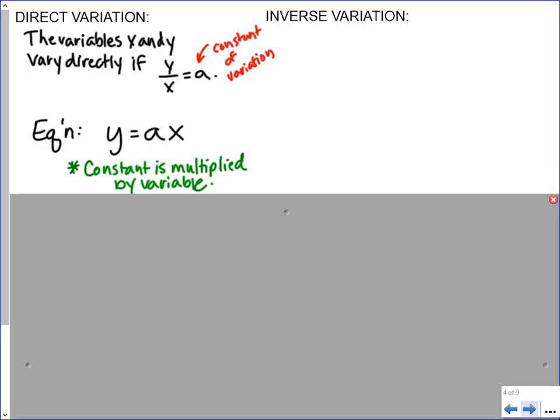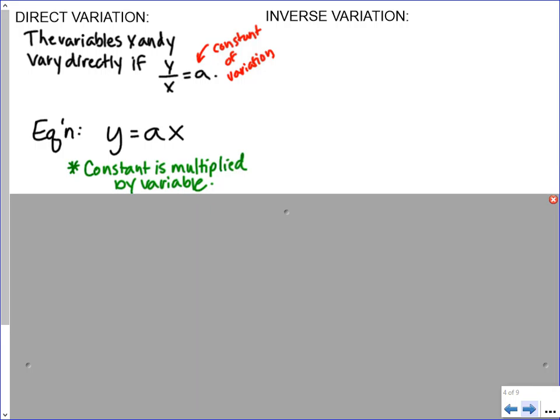So it could be y equals 10x, y equals 2x, y equals 1/3 x, y equals square root 2 times x. As long as there's a number getting multiplied by a variable, that represents direct variation. And it can also be switched around, like it could be x equals 3y. X equals 3y is still direct variation because the variable is getting multiplied by a constant.